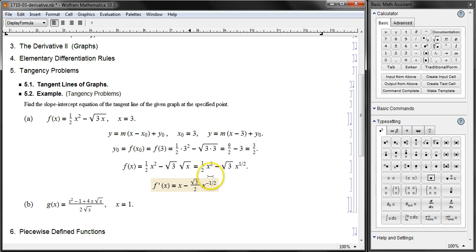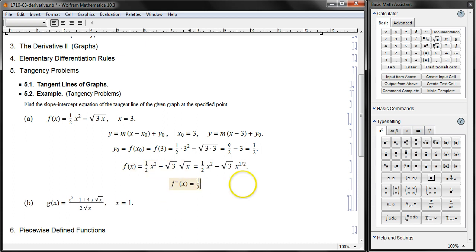I think I skipped too many steps. Okay, square root of 3, and then multiply by 1/2 x to the negative 1/2 power. That's the power rule, straight-ahead power rule, coefficient, and then the power rule.